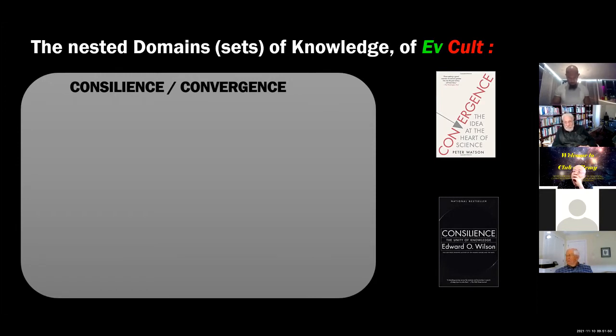This is clearly obvious in, for example, Jerry's work, where you see physics leading into chemistry, inorganic chemistry, biology, biology leading into psychology, sociology, etc. So that's the largest set, consilience and convergence of science.